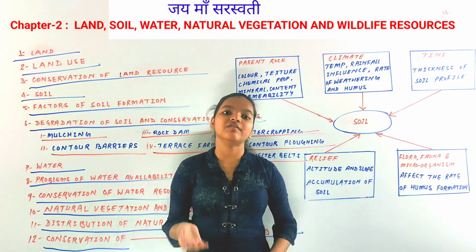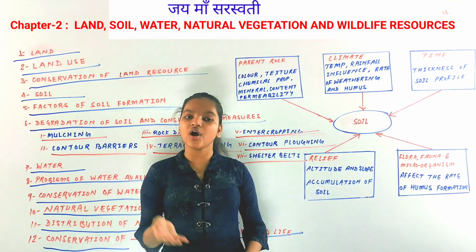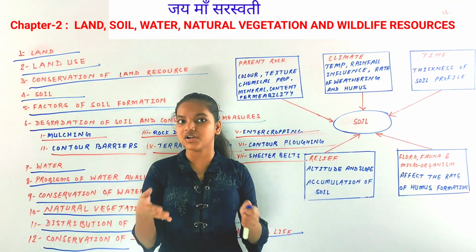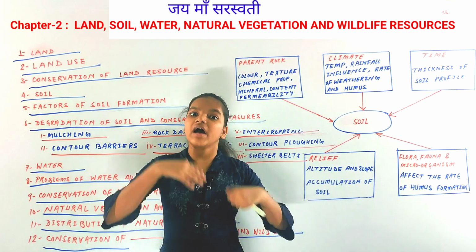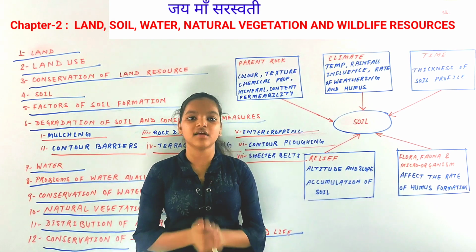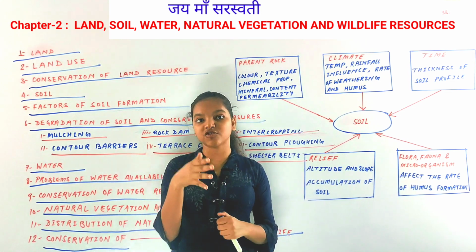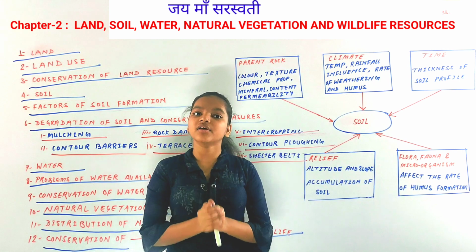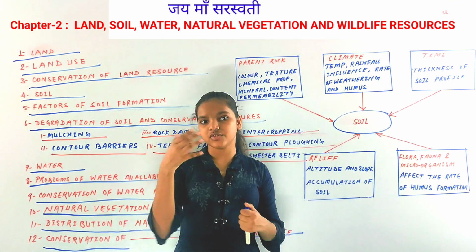Even if we talk about land, there is land degradation. Even if we talk about water, there is so much water pollution. And in natural vegetation and wildlife resources, humans are harming them, and natural factors are also harming them. So we have to conserve these resources as much as we can, because if we don't, then in future there would be problems for you as well.